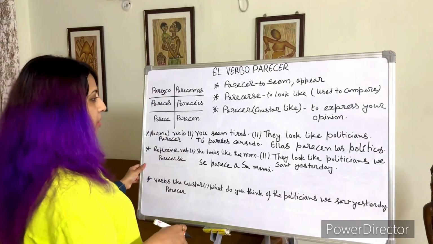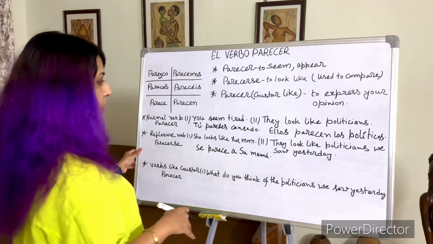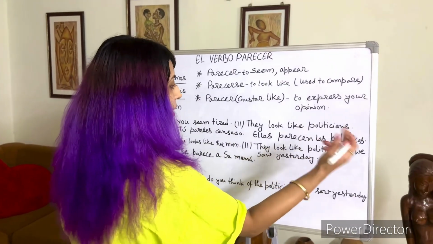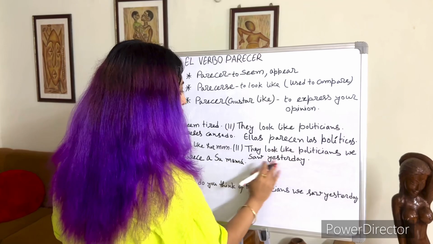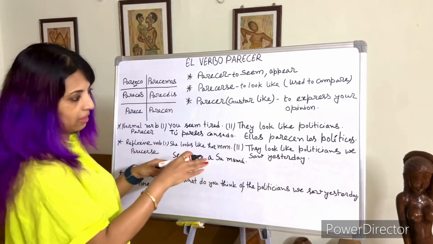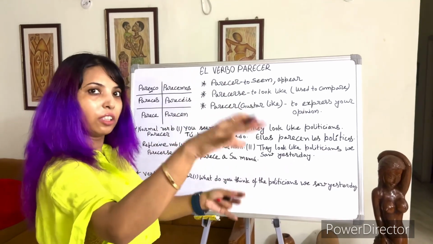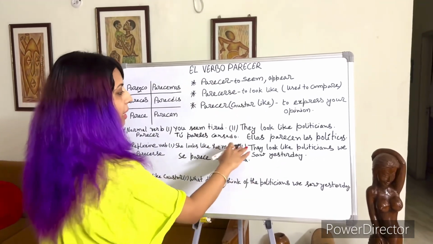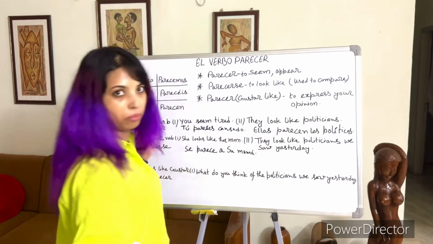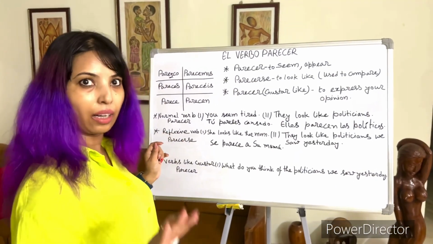And then another example for a reflexive verb is they look like the politicians we saw yesterday. Here also I am comparing, like we have seen some politicians yesterday and they look like them. So I am comparing again.